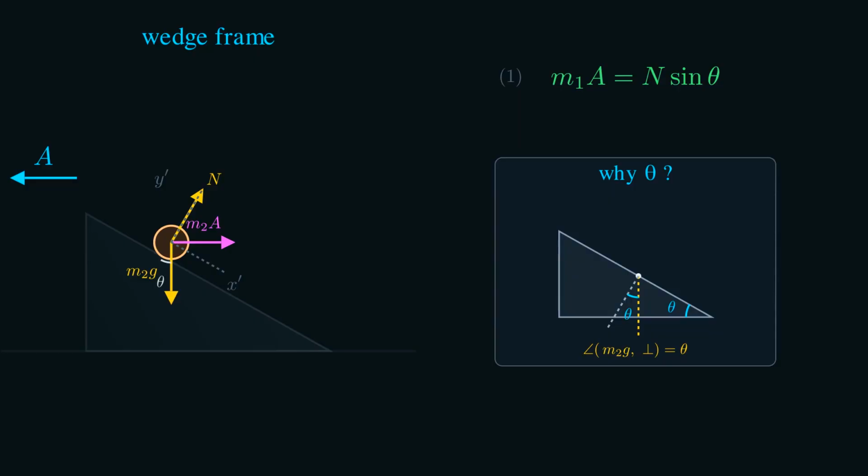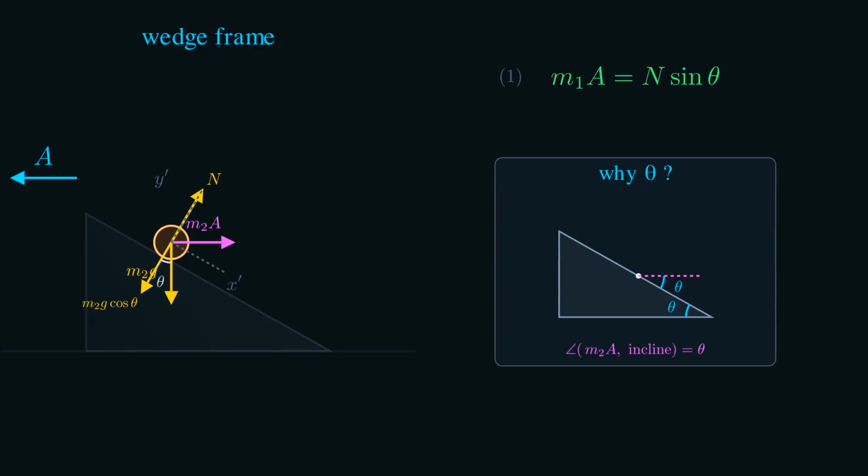So back on our diagram, the weight splits neatly. Into the surface it gives m2g cos theta, the cosine, because it's the near part of the angle. And down the slope it would give m2g sin theta. Now the pseudo force. m2A is horizontal.